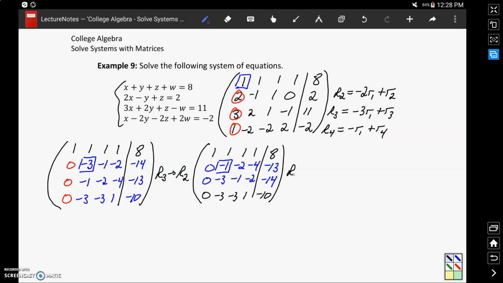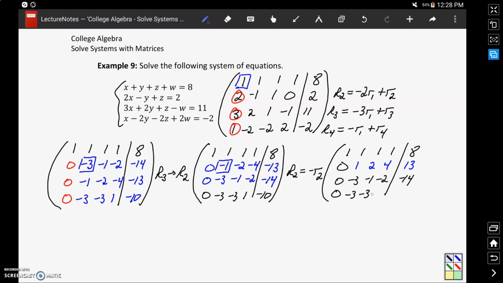Now all we have to do is take row 2 and multiply it by -1. If we look back a couple of steps, we also could have taken row 2 times negative 1/3.